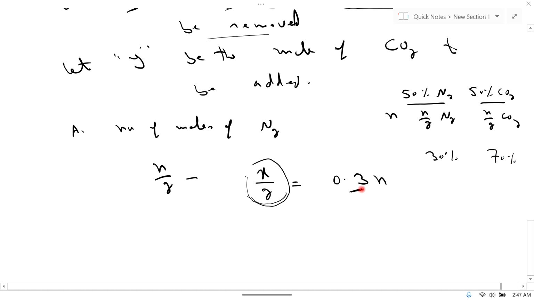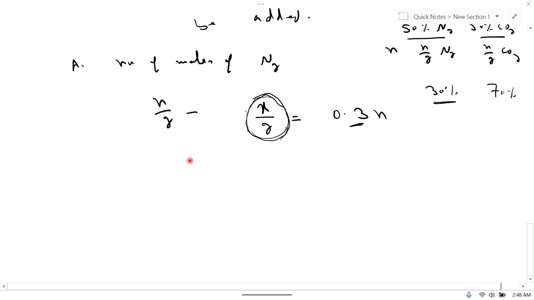So after the removal, the remaining will be 30% of nitrogen. So 30% means 0.3 n. Now we can simplify this equation. So n by 2 minus 0.3 n is equal to x divided by 2.